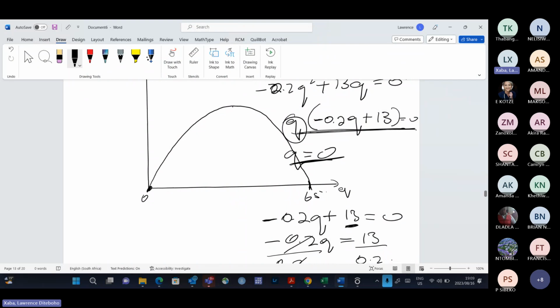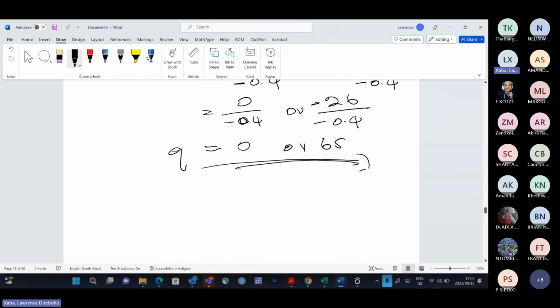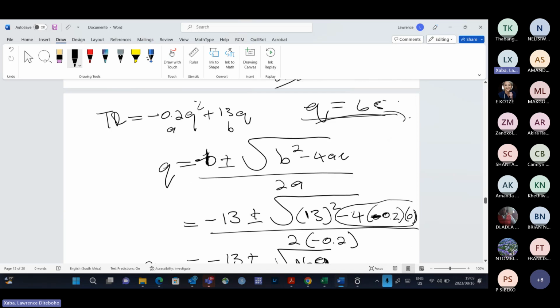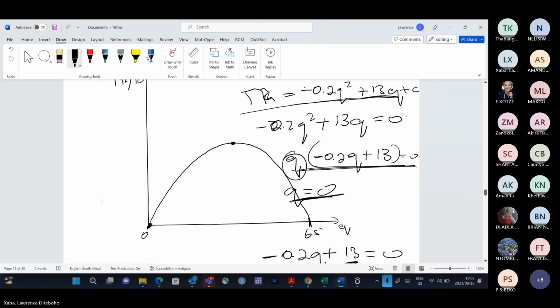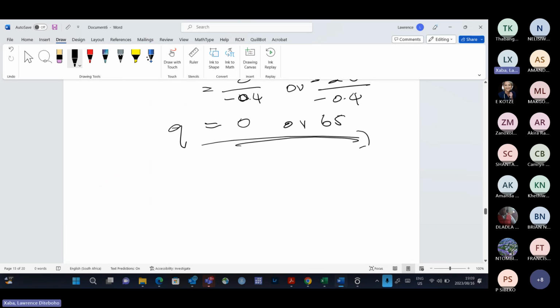So if we're interested, we can find our turning point. And I believe you know how to find your turning point. Let's see what's going to be our turning point, given the information. Q is equal to minus B divided by 2A.